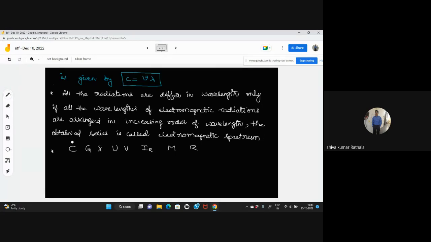This is actually increasing order of lambda, and as we know from this one, c by lambda equals nu. That means nu and lambda are inversely proportional, so the nu value will increase in this direction. Nu means frequency.